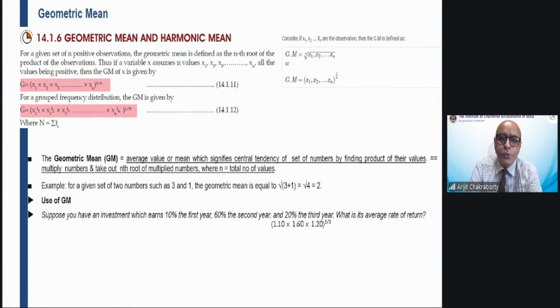Both in intermediate level as well as in the CA final level, there is a paper on financial management, advanced financial management, where you shall be required to find out the return from a particular investment. It could be investment in a bank, a fixed income investment. It could be something like a particular investment in the capital market, a mutual fund investment. So, investment and the returns.